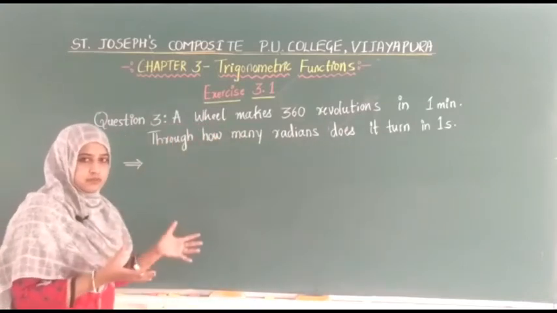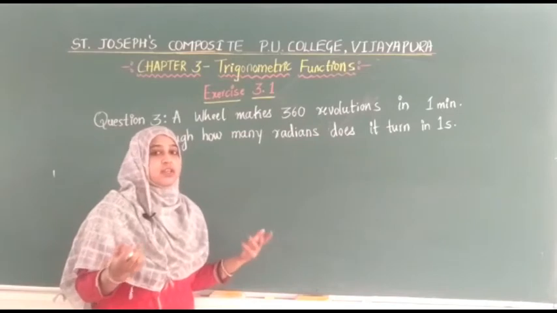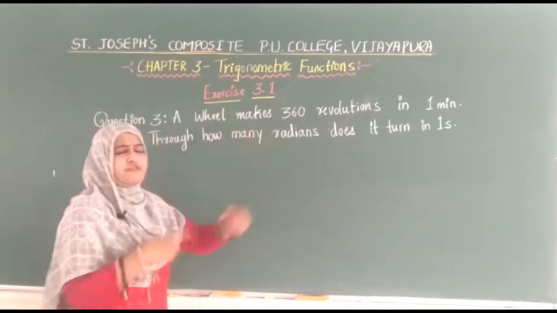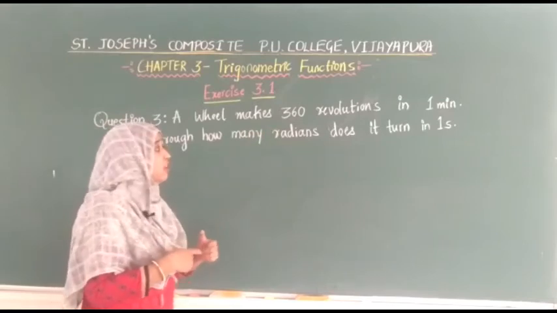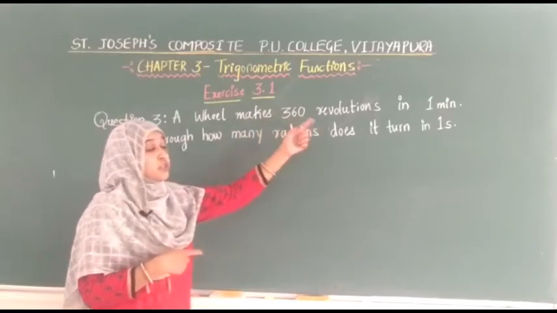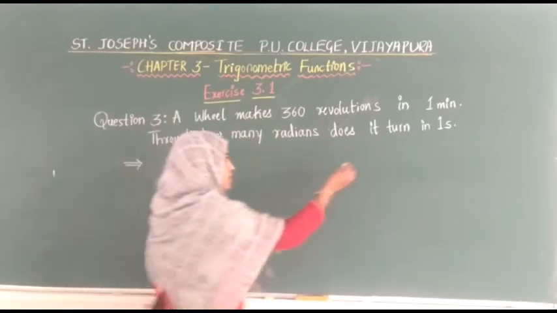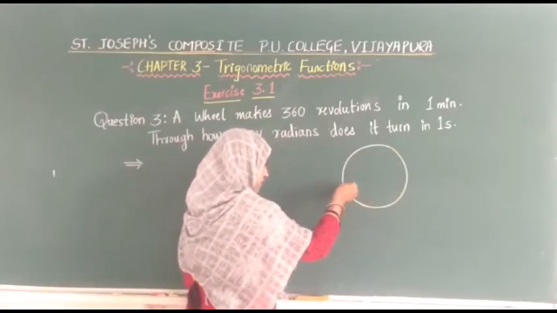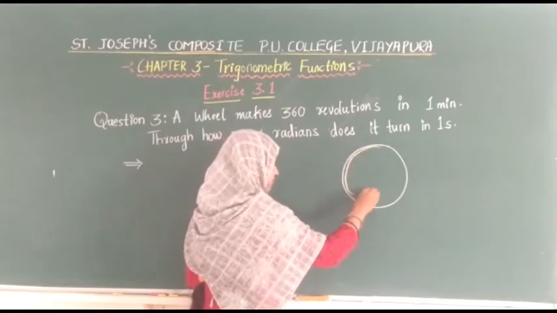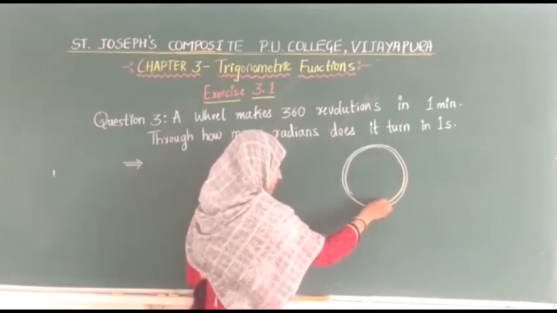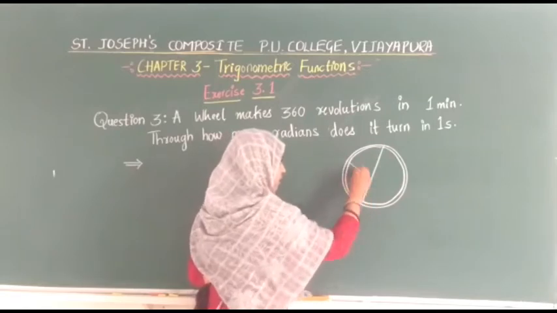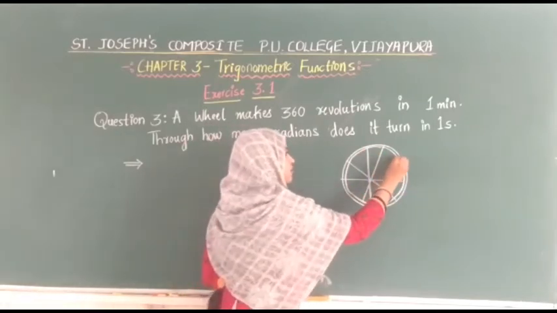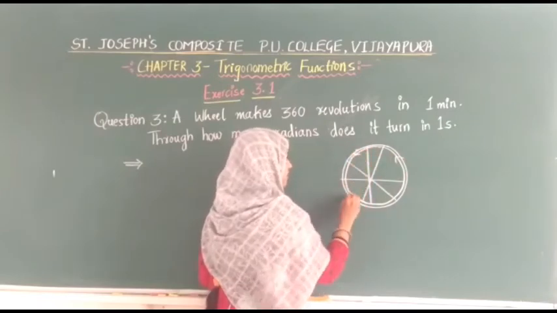There will be one wheel, maybe your car wheel, maybe your bike wheel, but it was moving fast with 360 revolutions in 1 minute. Suppose this is the wheel, and it was moving in this direction.